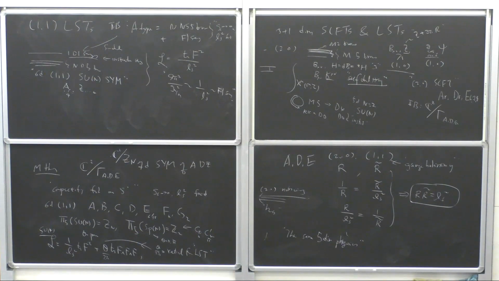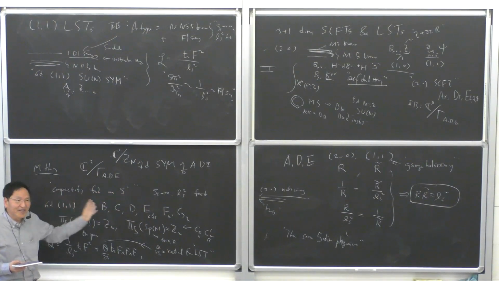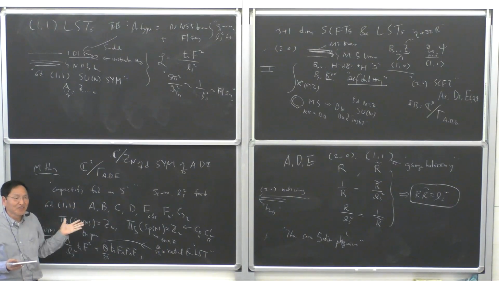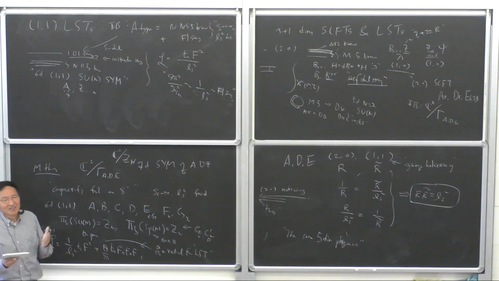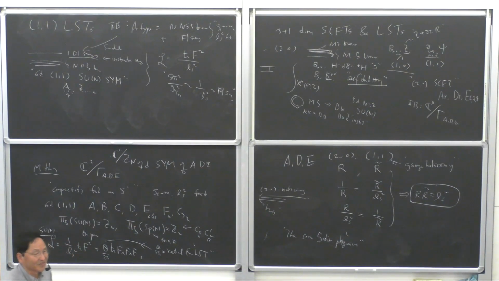So you can see it's very rich. 1,1 little string theory comes with all kinds of variety, other than the 2,0 theory, which is very simple and only ADE type. But T-duality should generate all of that back and forth. So that was one of the main questions we had, and also Michele Del Zotto and Lakshya worked out a certain aspect of it.